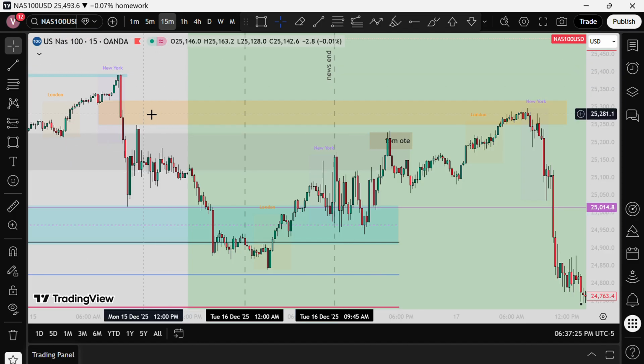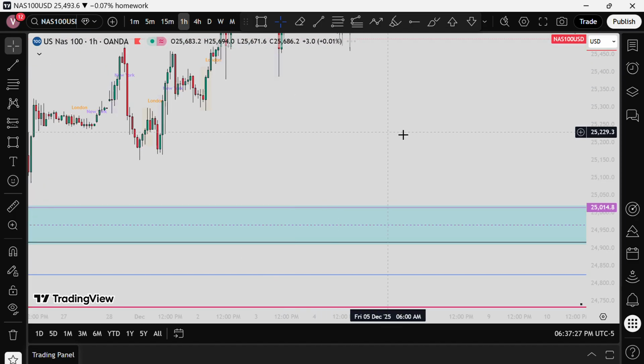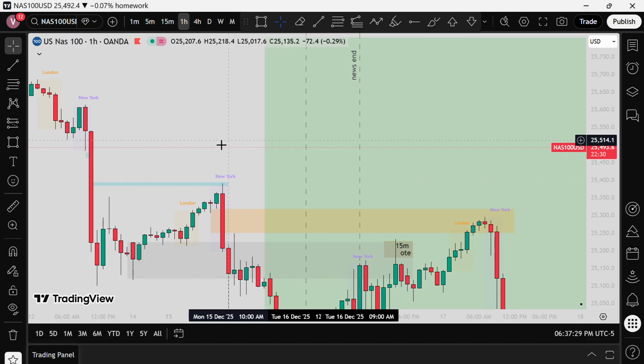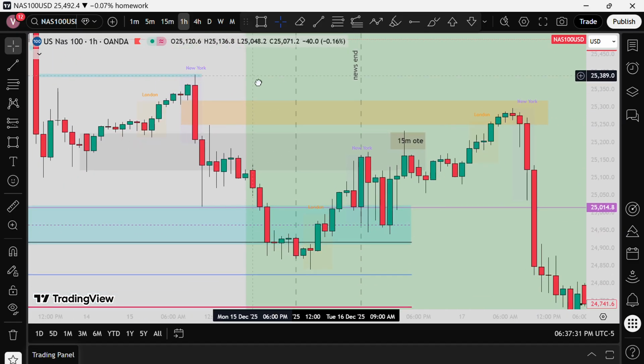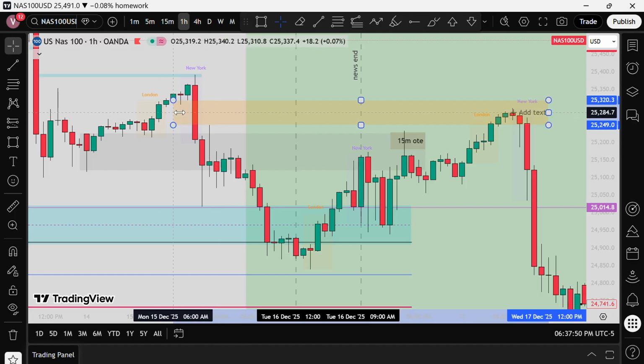Above that, we also have, if you go to 1 hour and see the swing leg on 1 hour, you will see all these inefficiencies are addressed before the news, during the news. See, these inefficiencies are addressed here. They are traded back and forth. But the one remaining is this one.